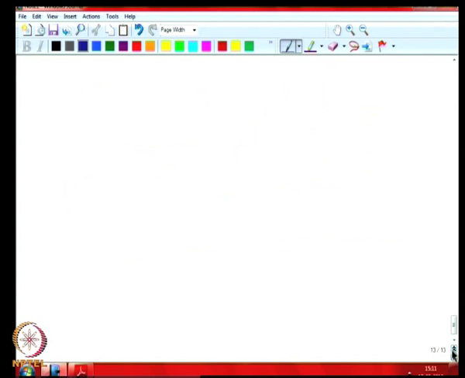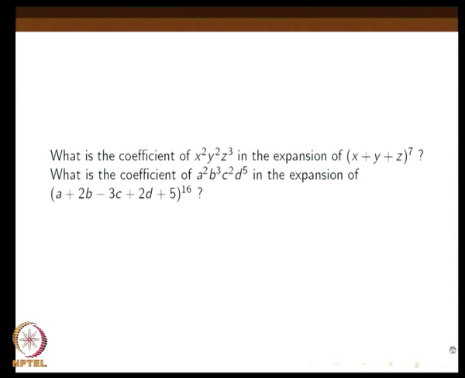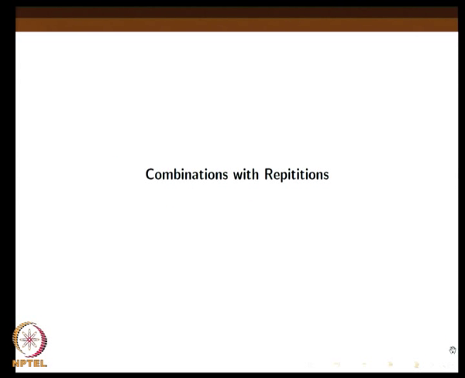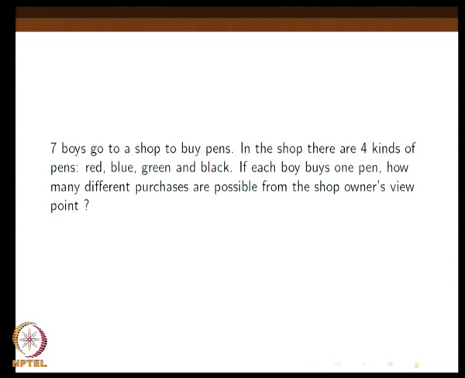So then next one is combinations with repetitions. Now we will take another topic. Let's say this is a different kind of problem. Suppose 7 boys go to a shop and they all want to buy pens.